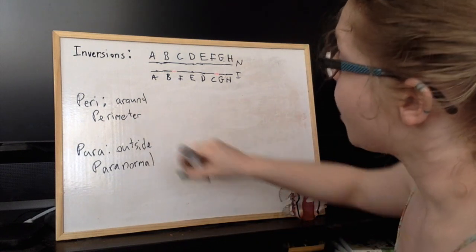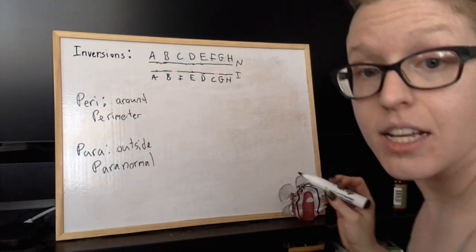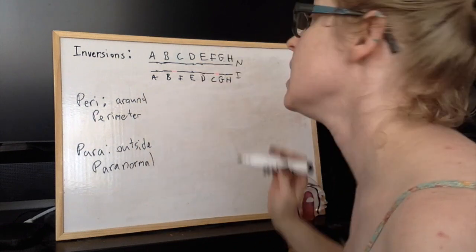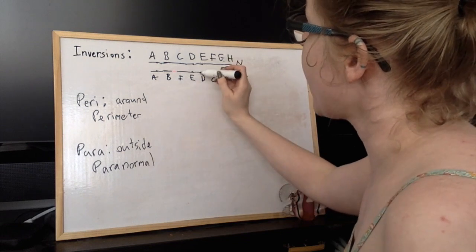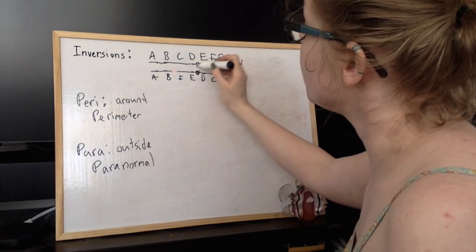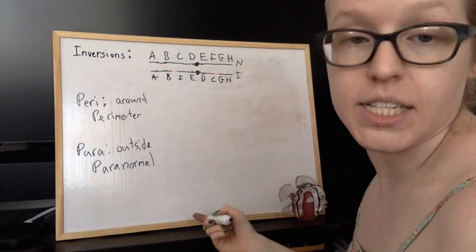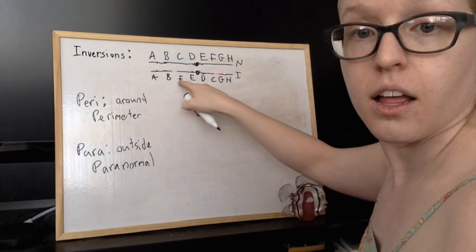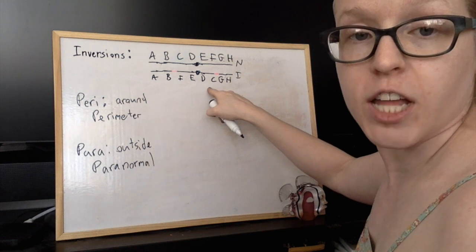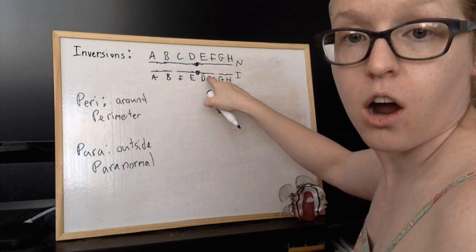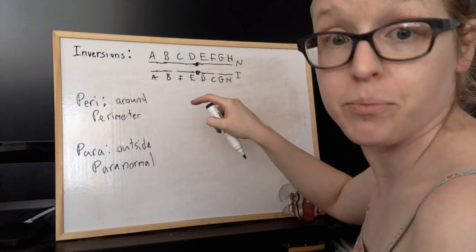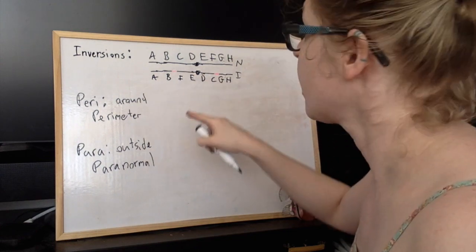So, a pericentric inversion is an inversion that happens around a centromere. This is our example from today where we have our inversion here. It's flipped in this area and it includes the centromere. It flips around the centromere.